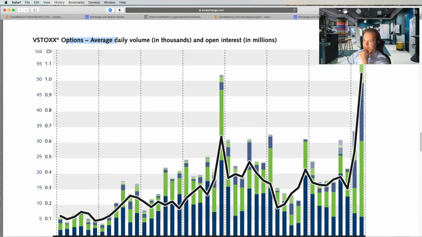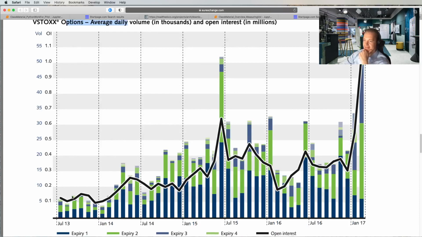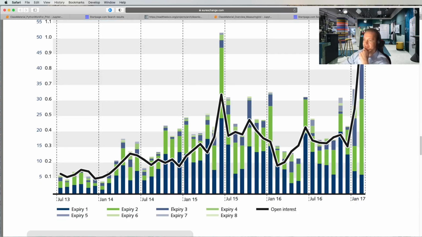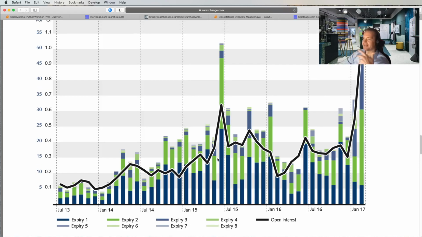Okay, these are options daily volume. That's also what we see in our database, that volumes are pretty low. It gets better. What's the black line? These are different expiries. No, that's the open interest. Okay, but that's why I also want to teach that in data science. My thinking is that in a couple of years, people trade options the way they trade equity today.